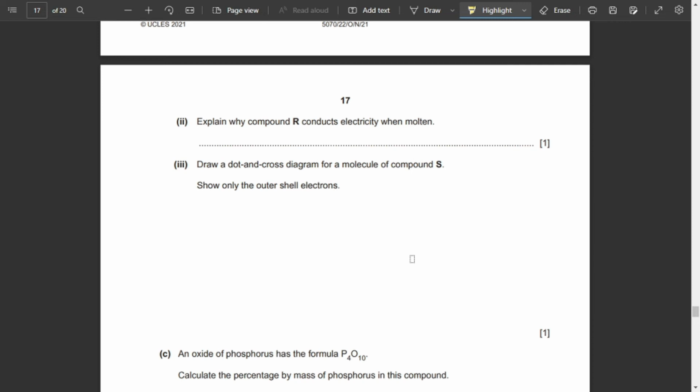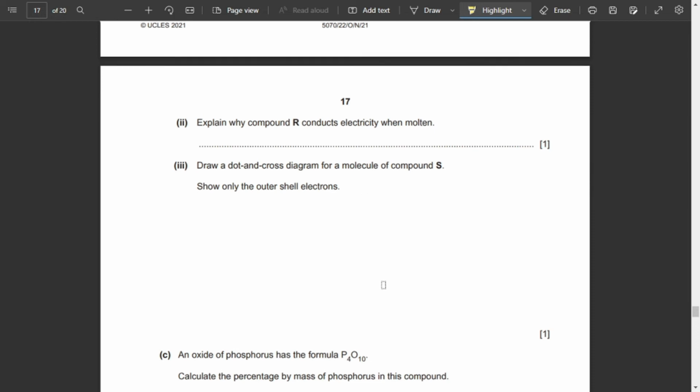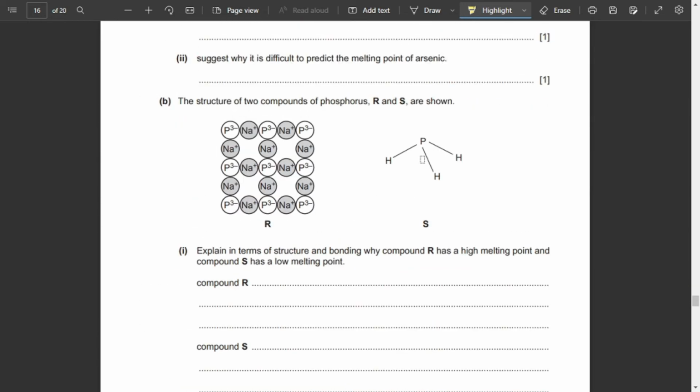Now if we draw this, we have phosphorus, which has 5 outer electrons, then we have 1, 2, 3 for hydrogen. That means we are going to show 3 bonds over here, like sharing of electrons, and then for phosphorus, that is 5, so 6, 7, 8.